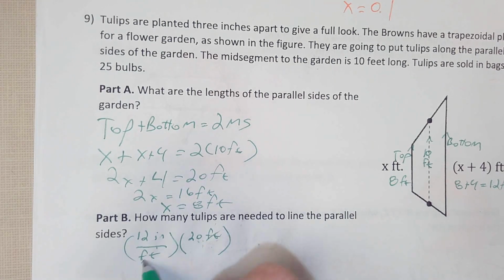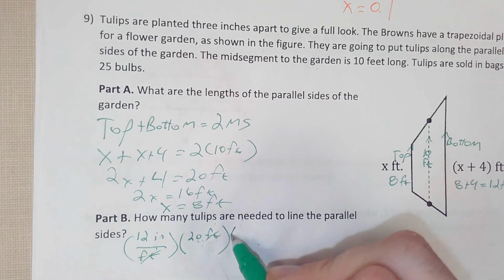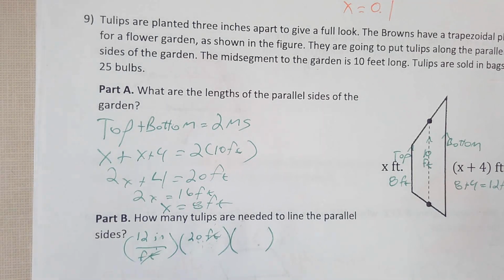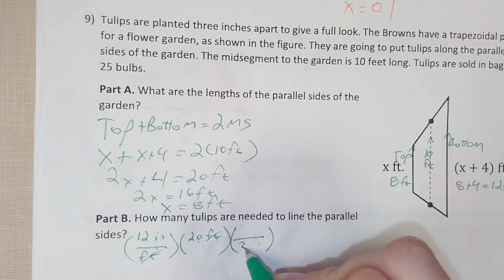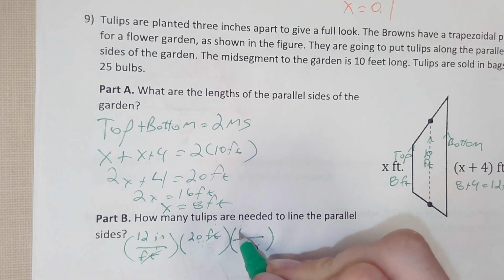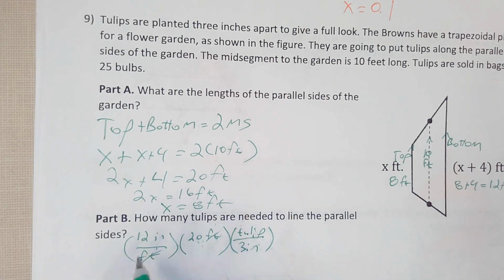So that's going to give me inches, and then I have a tulip every 3 inches, 3 inches per tulip. So it's going to be the number of tulips.